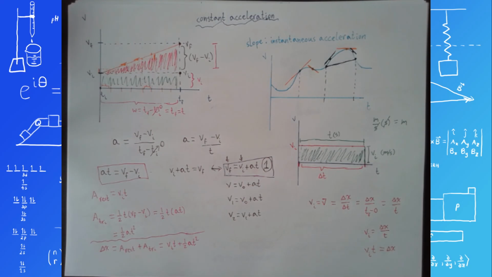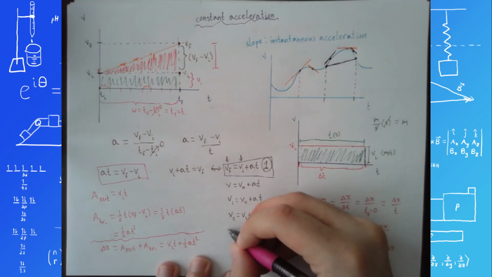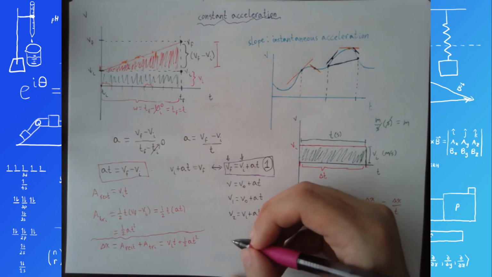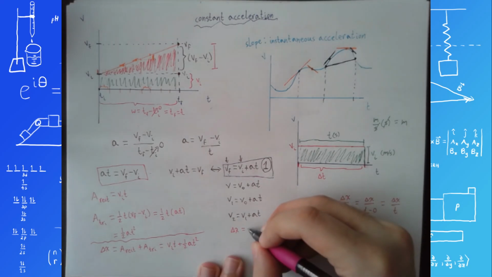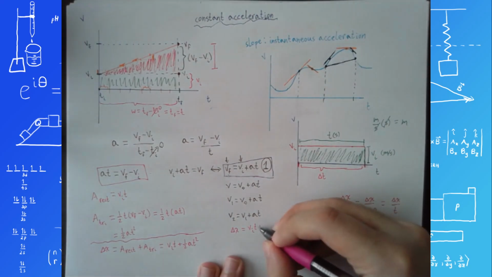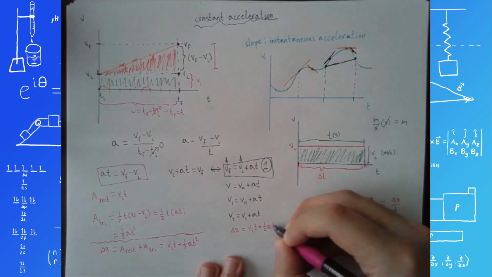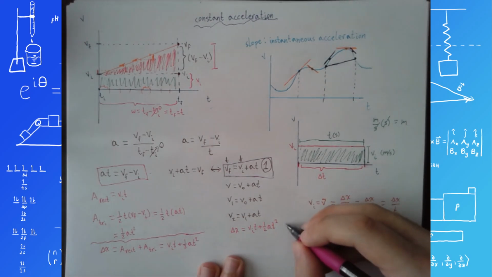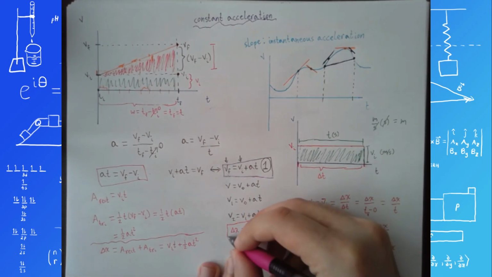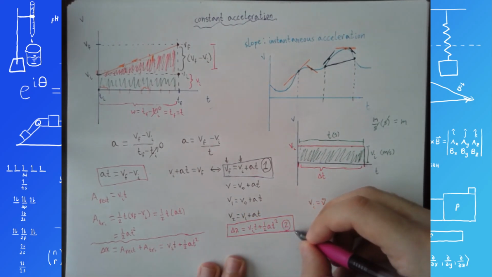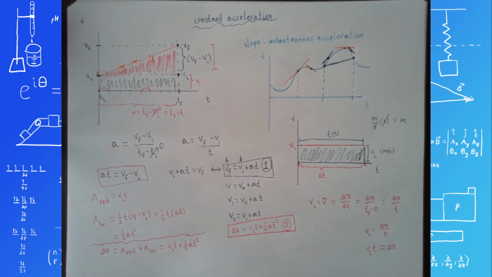You might see teachers write this a little bit differently, so let me first write it without this in-between step. Delta x equals v initial times t plus 1/2 a t squared. Assuming a constant acceleration, this would be our second equation of kinematics, our second equation of constant acceleration, or uniformly accelerated motion equation, whatever you want to call them.